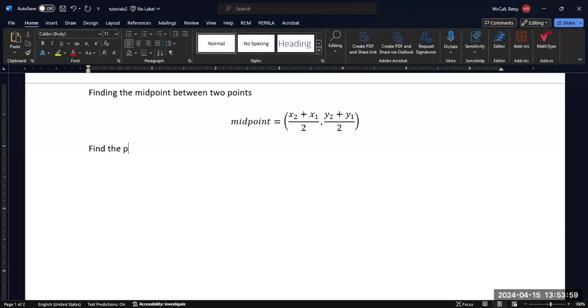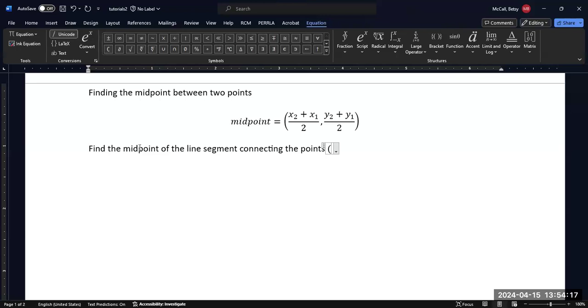Find the midpoint of the line segment connecting the points (7, -2) and (3, 6).